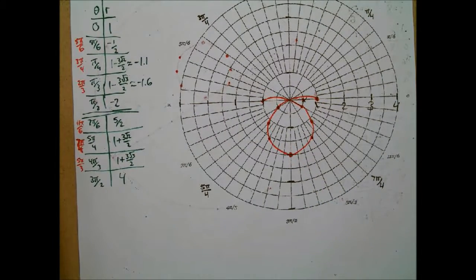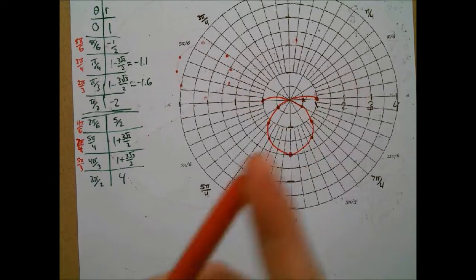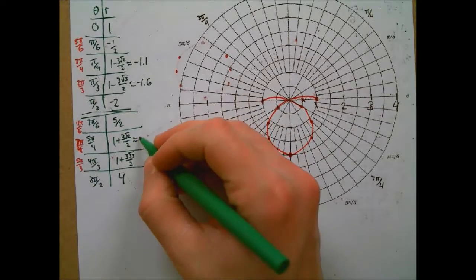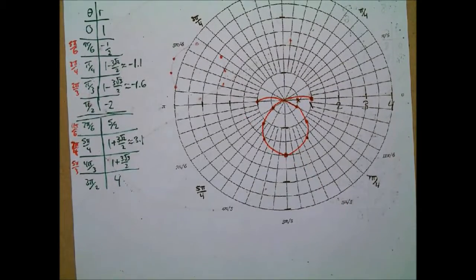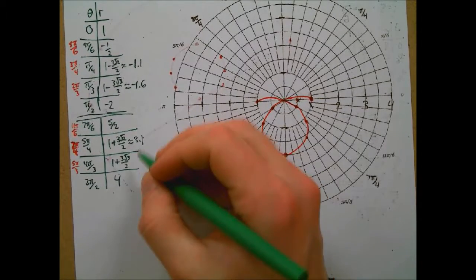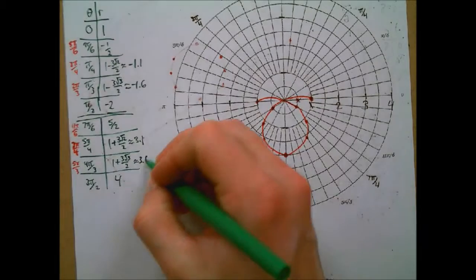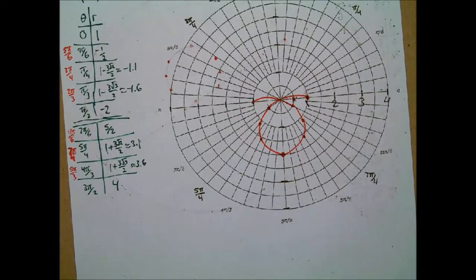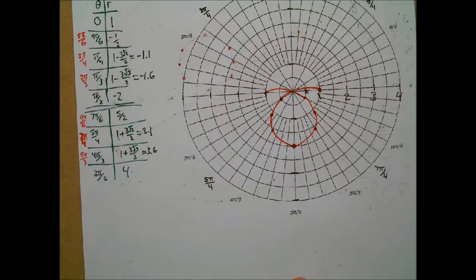So then our decimal for the 3 root 2 over 2 is about 3.1. And then for the 3 root 3 over 2, it'll be about 3.59, so we'll say about 3.6 there. Oh, 5 halves, yeah, 2.5.